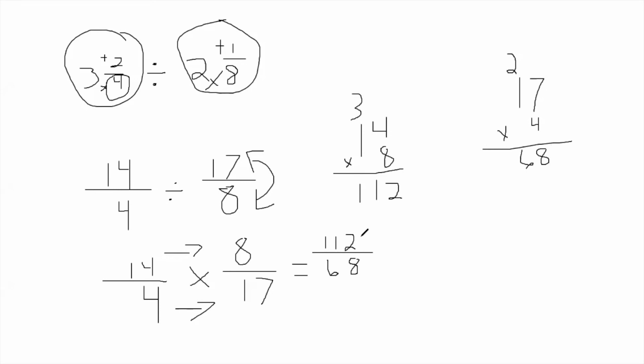And then all you have to do is simplify, that's it. Since both the top and the bottom are even, I can divide by 2. 112 divided by 2 is 56. 68 divided by 2 is 34. Both are still even, so you can divide by 2 again. 56 divided by 2 is 28, and 34 divided by 2 is 17.